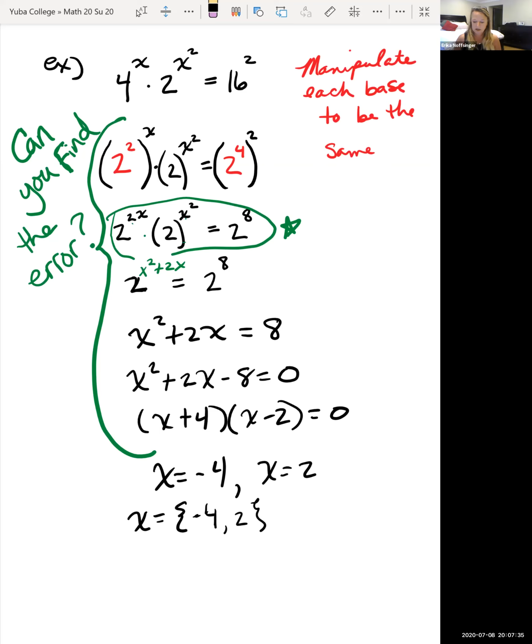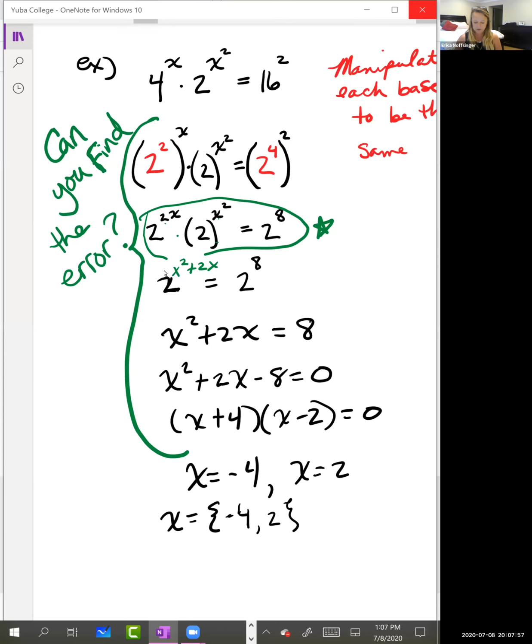And so yesterday when we were graphing exponential equations, you might have recalled that I said that this is a one-to-one function. It passed the horizontal line test, and so therefore it must have an inverse function. We were talking about inverse functions yesterday too, and the properties that have to hold in order for a function to have an inverse.